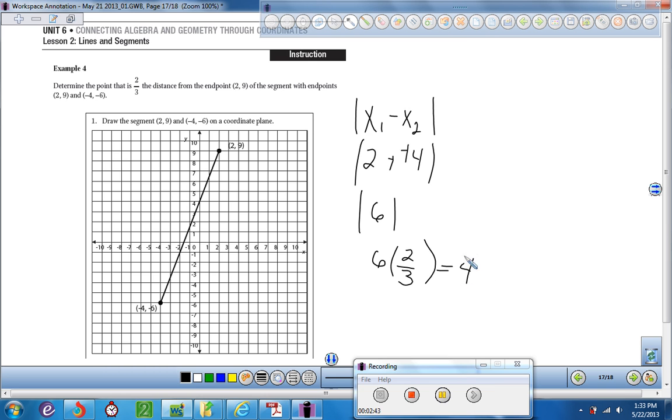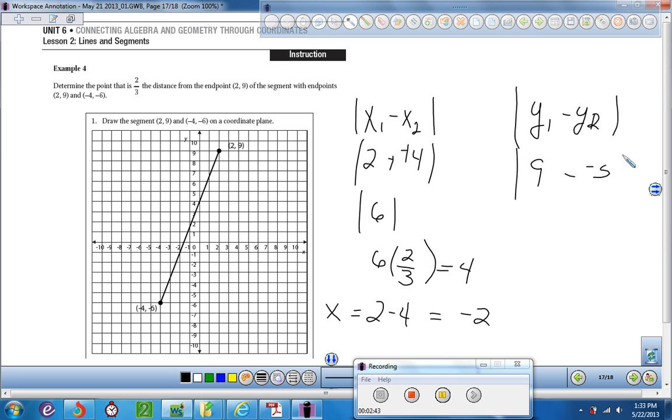So now we have to move 4 units. Notice that we're starting here and moving back that way. So we'll subtract 2 minus 4, and we end up with -2 as our x. Now we'll do the same thing with the y's. We'll take 9 minus -6.